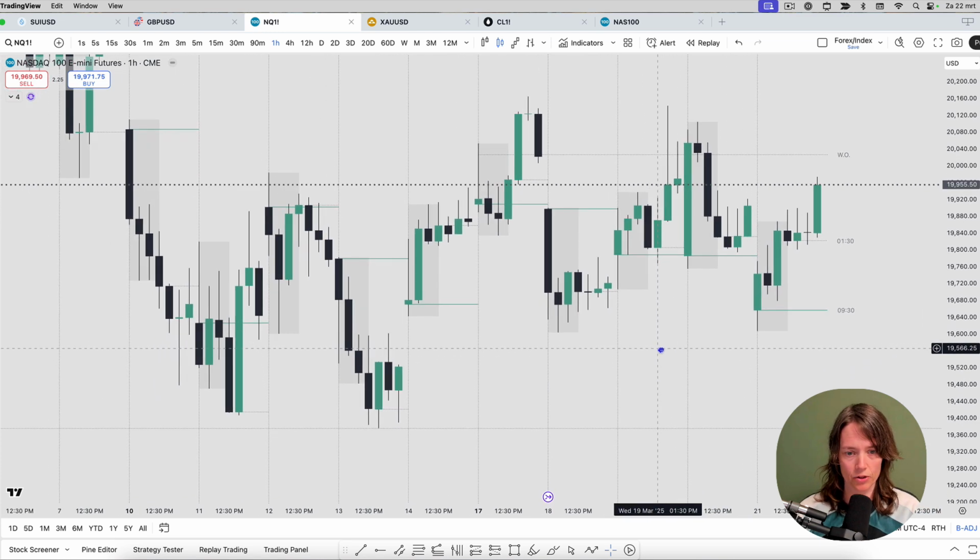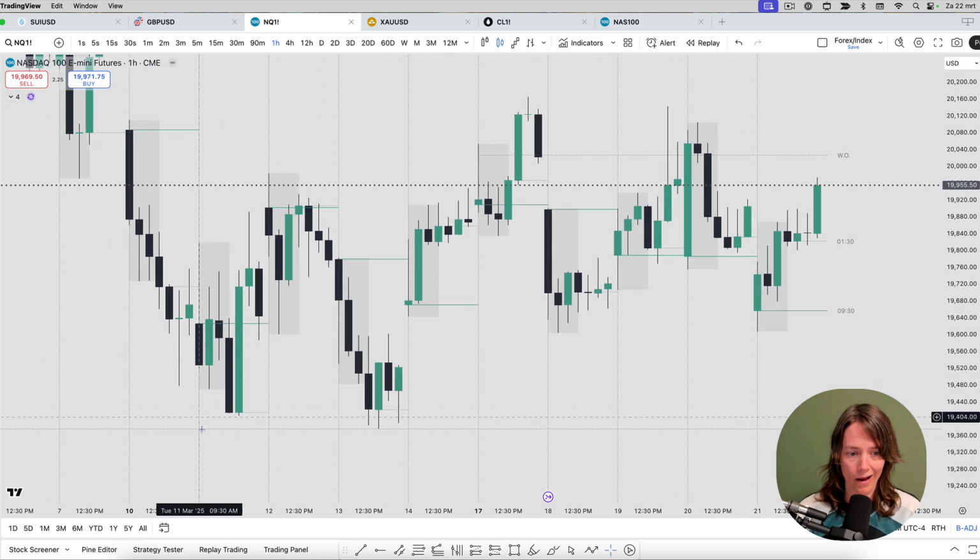So what you see on this chart, first of all, the vertical lines are the 9:30 time. And then you see the opening, it's the green line. So you see all the openings here, and you can see the gaps between where it closed the day before and where it opened the day after. So we have the opening times with where you can see the price with the green line.